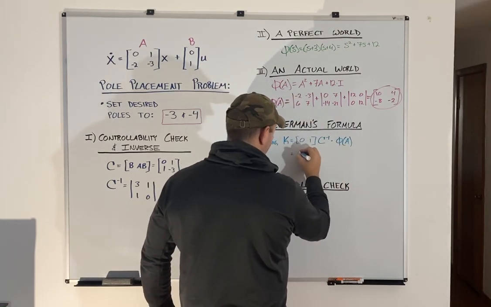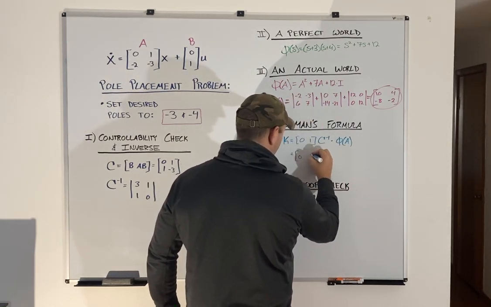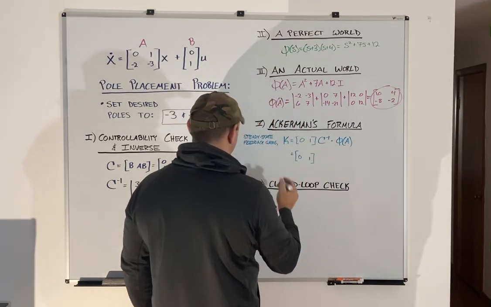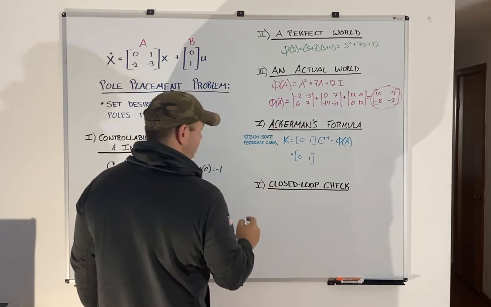So that's [0, 1] times C inverse and the polynomial of A. We can do that right over here.